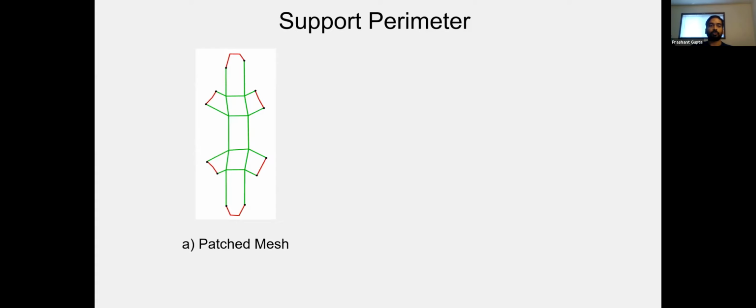So now the question is, once we patch this mesh, suppose for this example, we add these red edges at the boundary. If you have a point on these red edges, will there always be material below it?